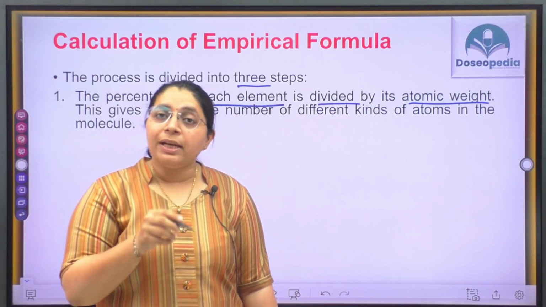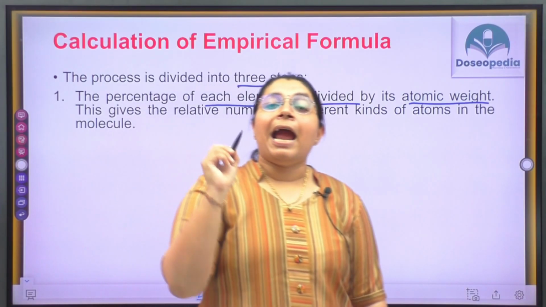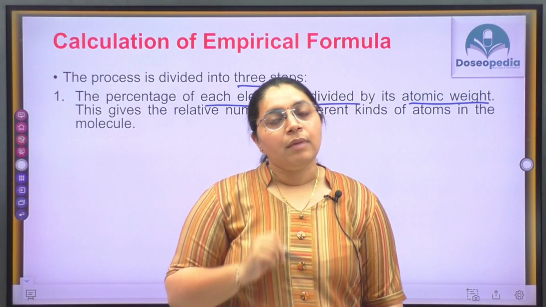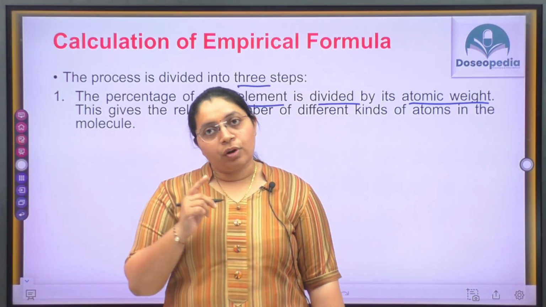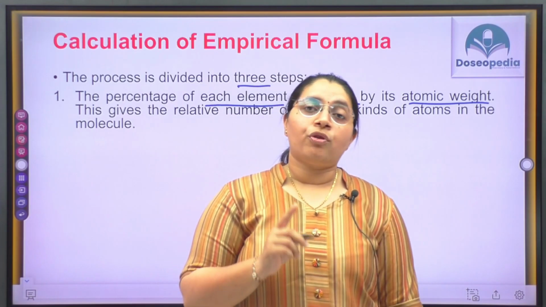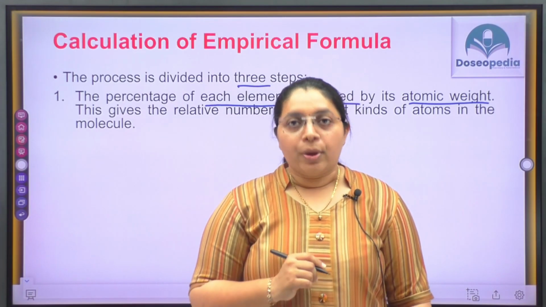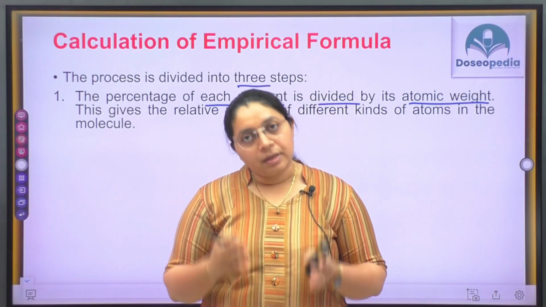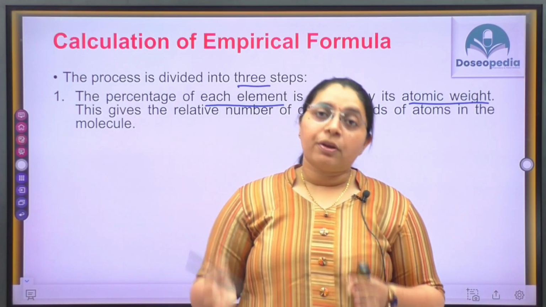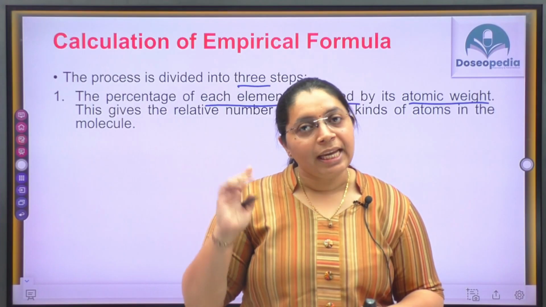So what will you need here? You will need the atomic weight of an atom. How can you get this atomic weight? For that, you should memorize the periodic table, in which you are given the atomic number as well as the atomic weight of every atom.